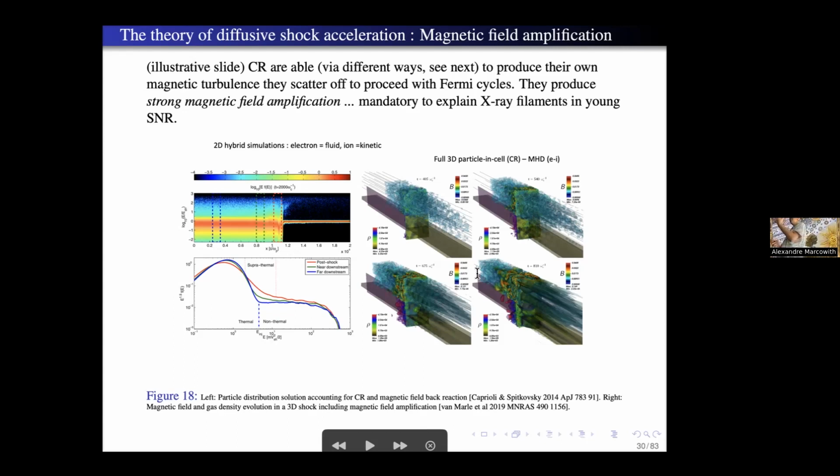So it's very sensitive to whether you have 2D or 3D. 3D turbulence is different from 2D turbulence. We have some surprises, so it's still ongoing. But up to 50, 60 degrees, you have mostly 10% going into the cosmic rays, and it's roughly independent of the shock speed. Takeaway message.